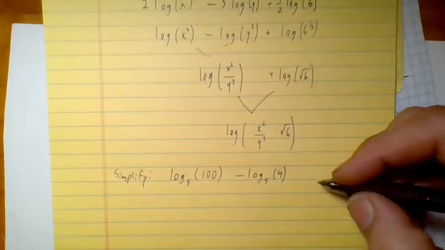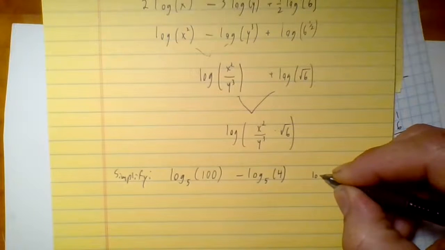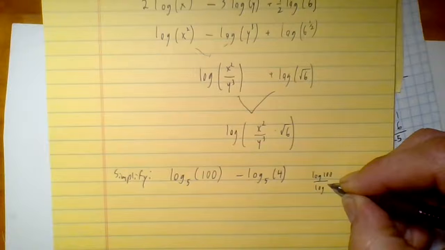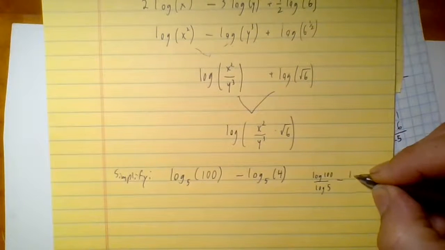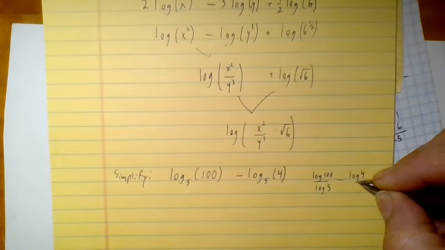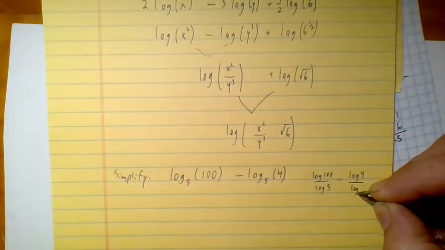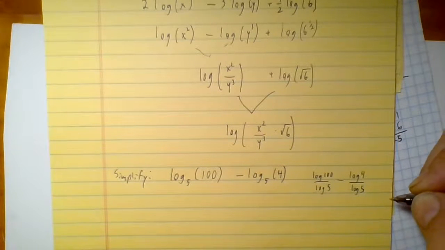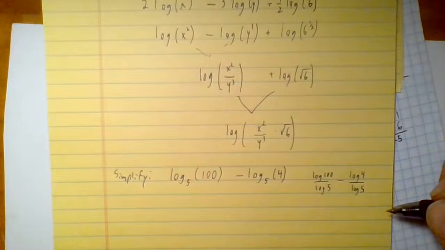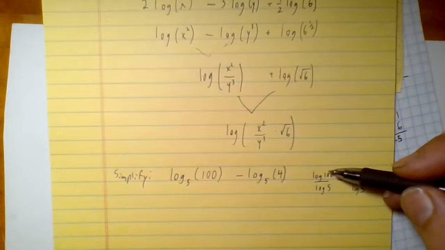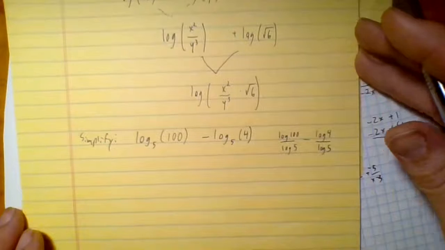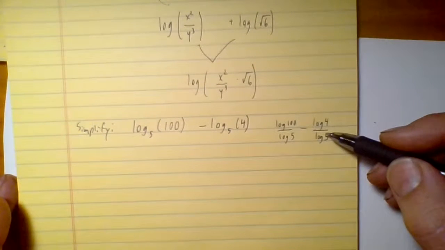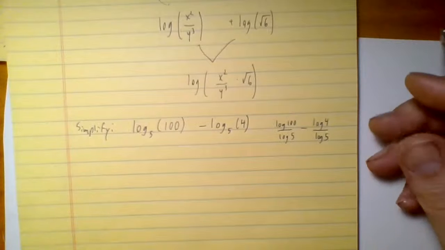In your calculator, you could do this as regular log of 100 divided by the regular log of 5. And the same thing with this one. To change the base to use something like regular log, you have to divide by the old base. So you could separate this out and you get crazy decimal for that, crazy decimal for this one, and come out to a nice number.